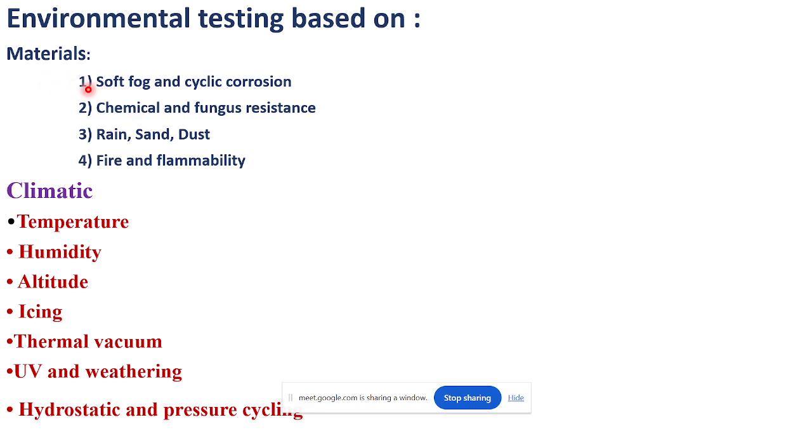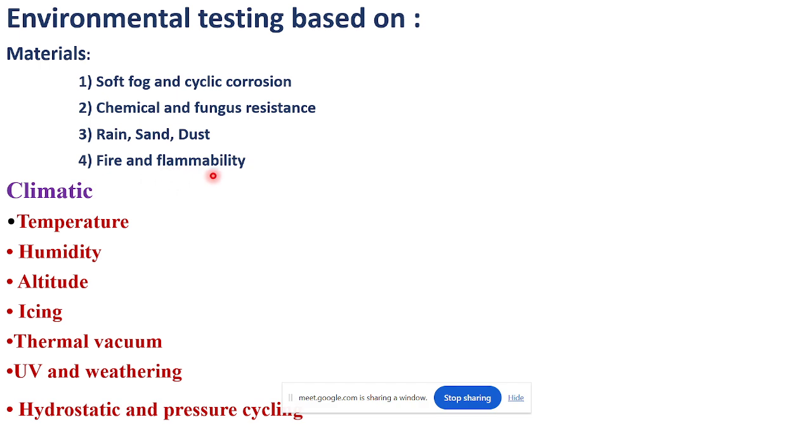On the materials perspective, there may be cyclic corrosion, there may be chemical or fungus resistance, there may be sand resistance or dust resistance. These are usually important for coating type of material, how much sand resistance or how much dust resistance it has.